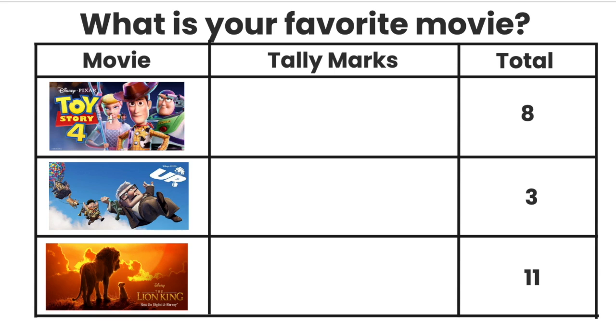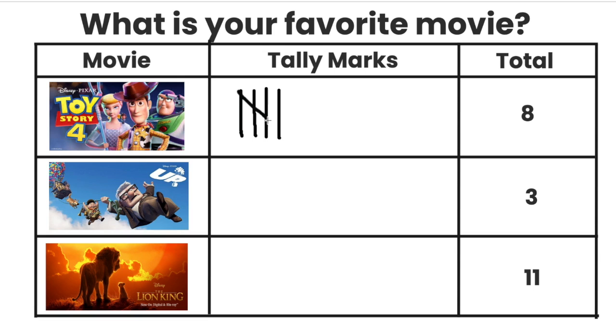Let's start off with Toy Story 4. As you can see, there are 8 people who voted for Toy Story 4. So I need to make 8 tally marks. Watch me as I make my 8 tally marks. So we have 1, 2, 3, 4. Now before I write the 5th tally mark, remember we have to make the diagonal.